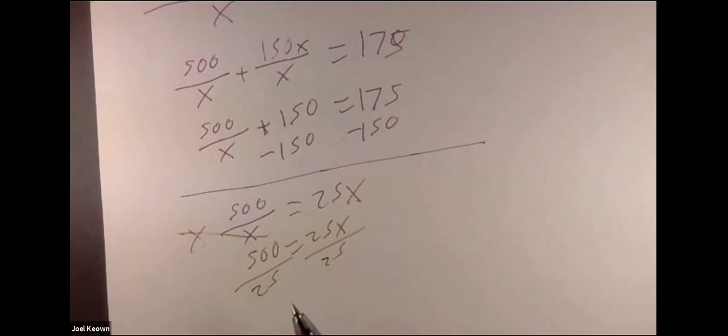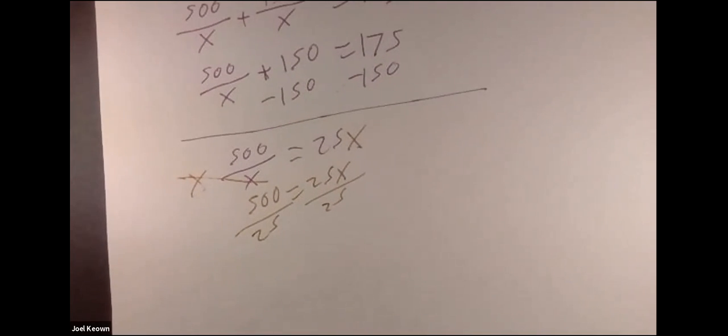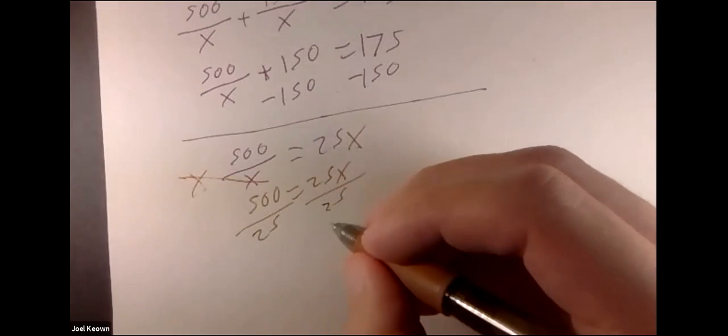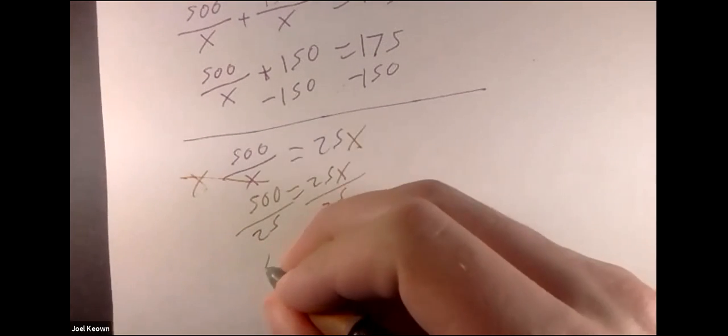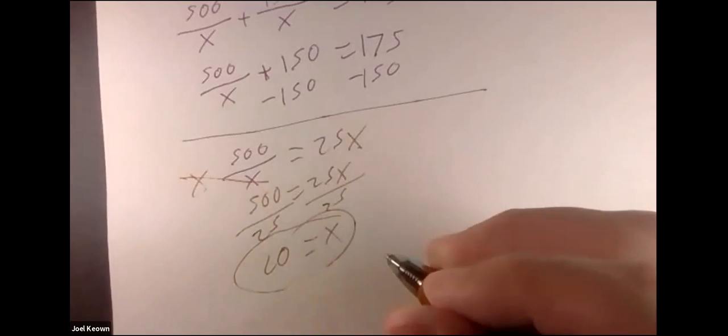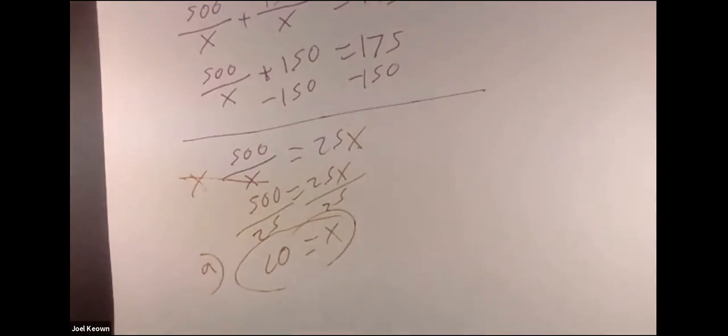Divided by 25. And let's see here. 25 goes into 100 4 times, so it has to go into 500 5 times 4, which is 20. So x equals 20. I would need 20 students. Okay.